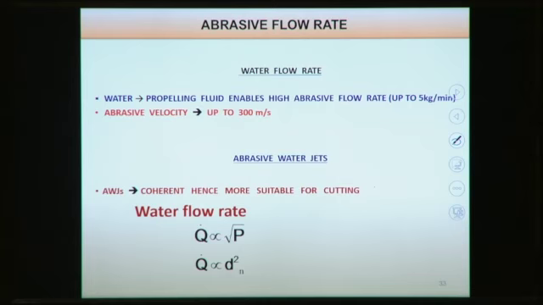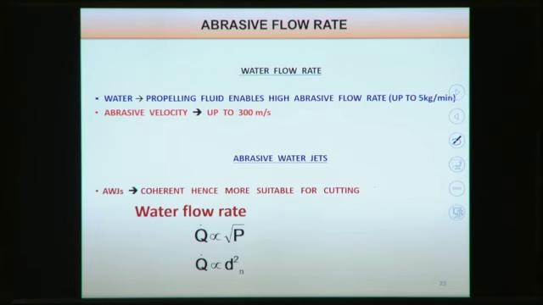The flow rate of water is proportional to the square root of the fluid pressure P. Also, the flow rate of abrasive is proportional to the diameter of the nozzle.